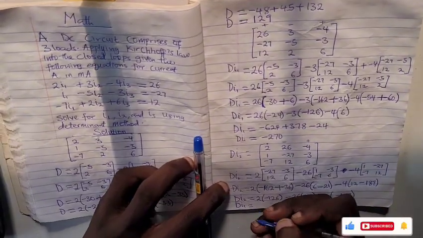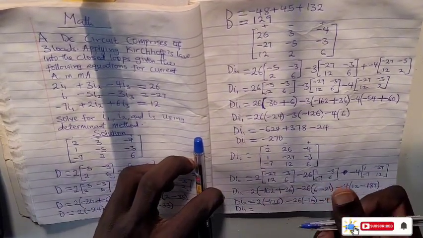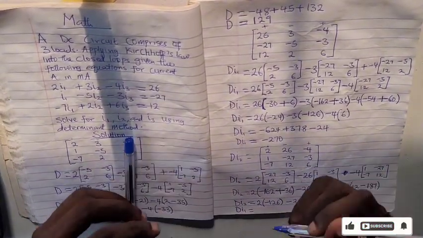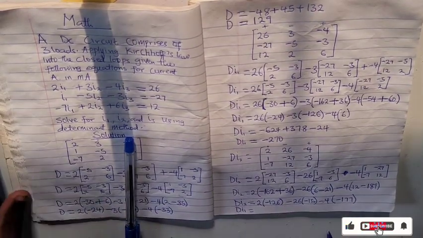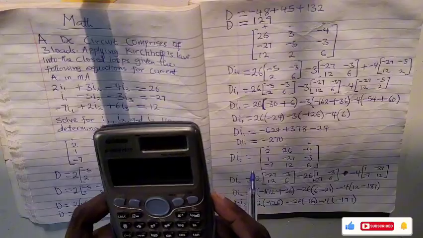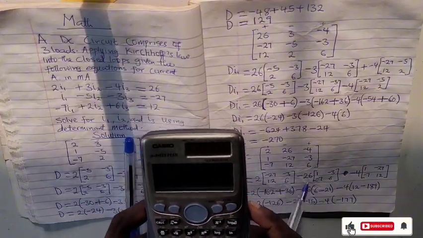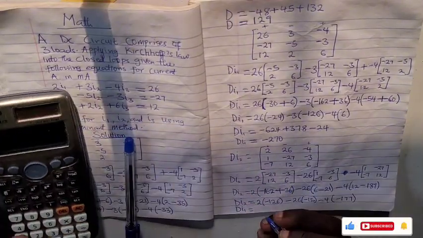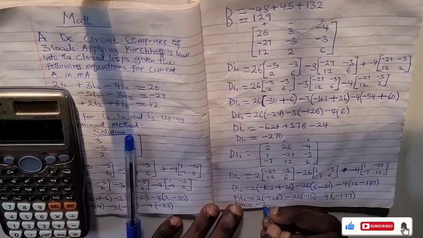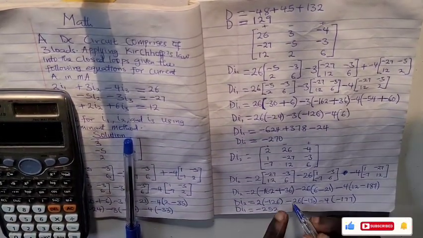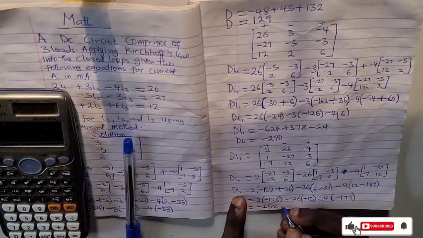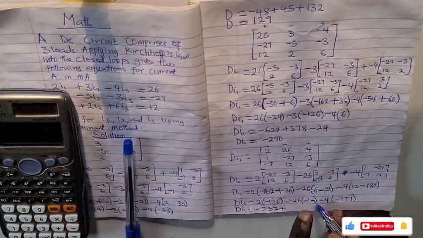We have di1 equals to, so 2 times 1 minus 126. That is 2 times minus 126. This will give us minus 252. So this minus times minus will give me plus. So 26 times 15.